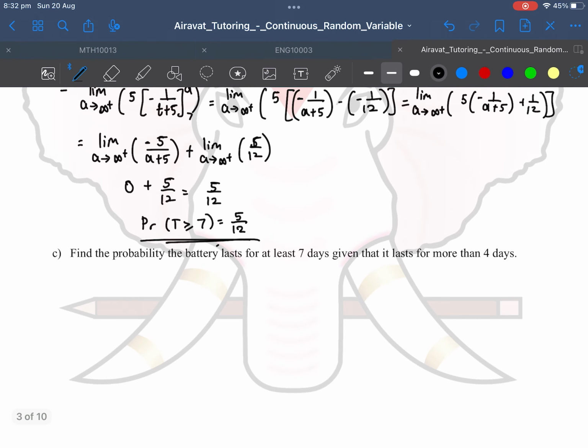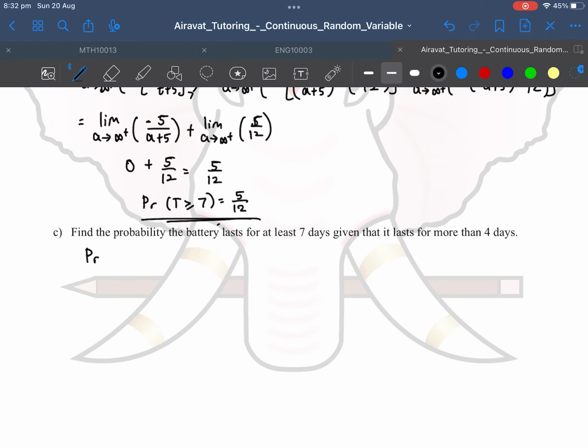Find the probability that the battery lasts for at least 7 days, given that it lasts for more than 4 days. So the probability that the battery lasts for at least 7 days, given that it lasts for 4 days. This is the same as writing the probability of t greater than or equal to 7, intersecting t greater than 4, and divide by the probability of t greater than 4. Now what would this simplify to?